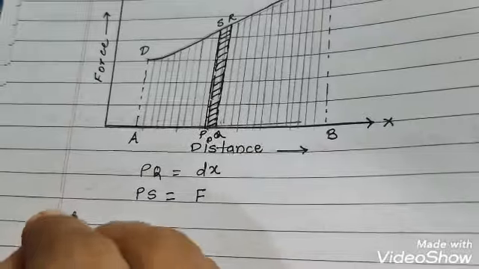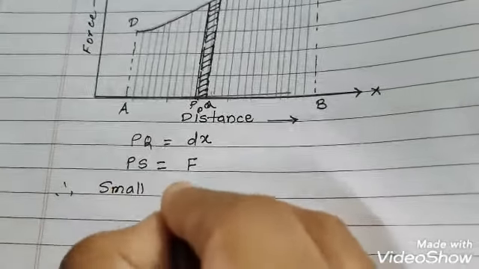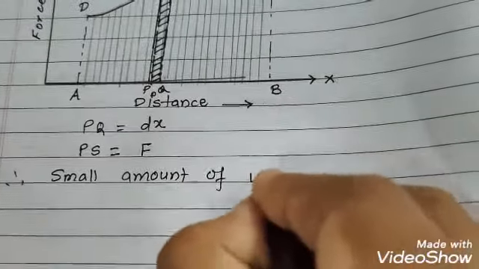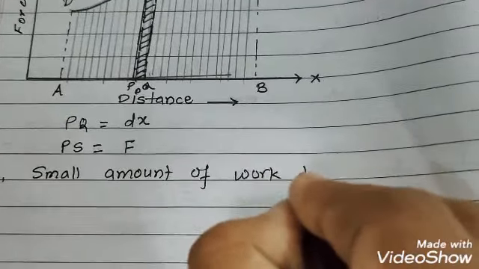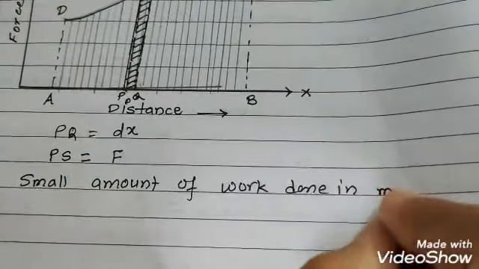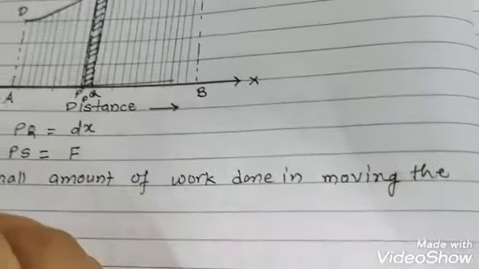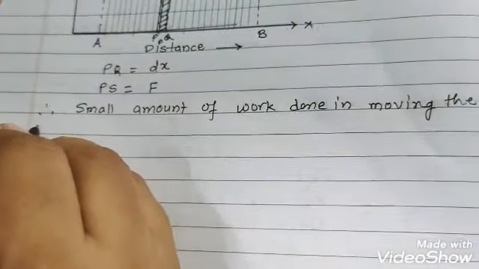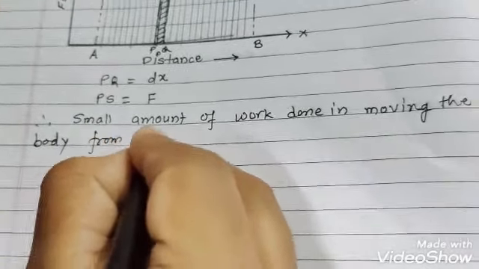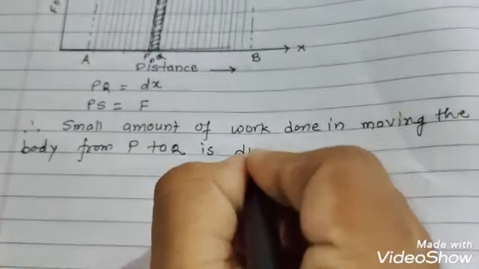Therefore the small amount of work done in moving the body from P to Q is equal to dW.